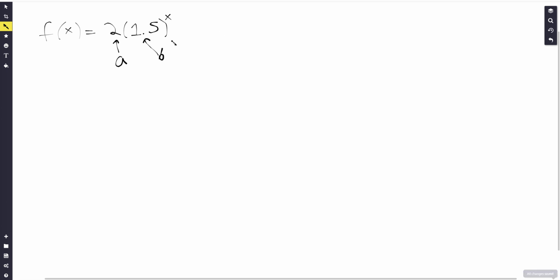And because our b value is greater than 1, that's why it's growing. Now if we had something like f of x is equal to 20 times 0.3 to the power of x, we know our a value will be 20, our b value this time will be 0.3, and because it's in between 0 and 1, we know that it's exponential decay.